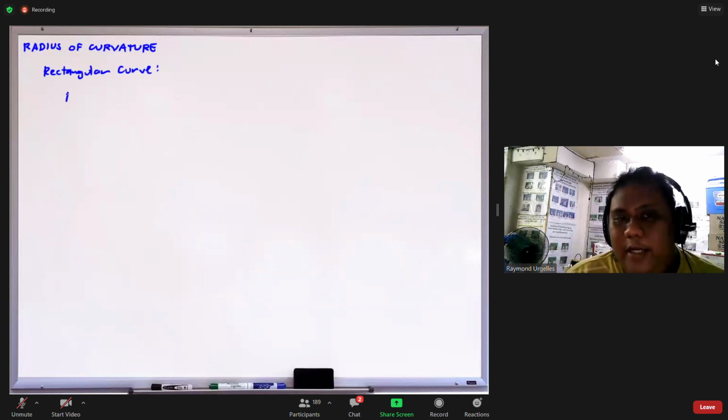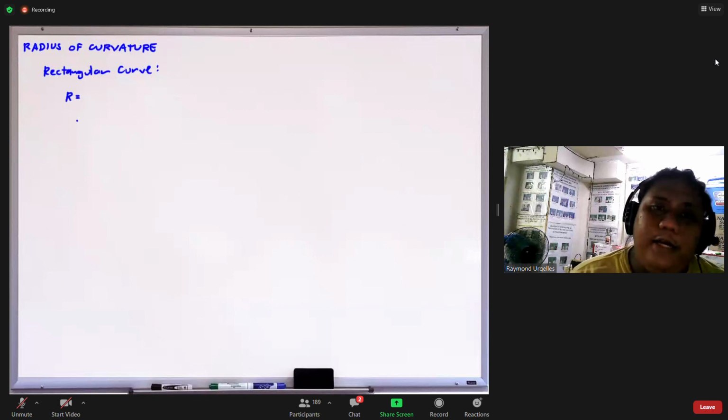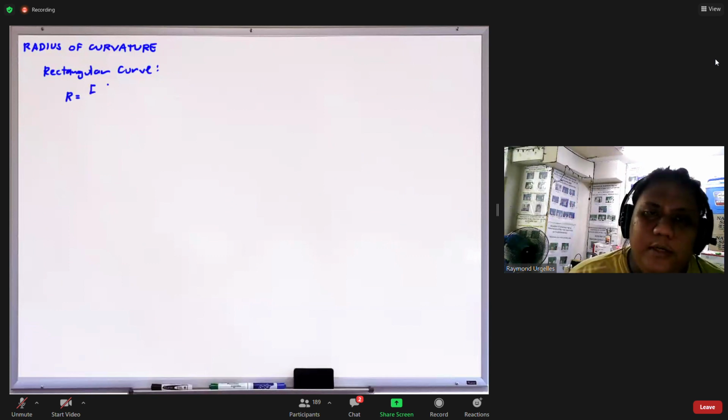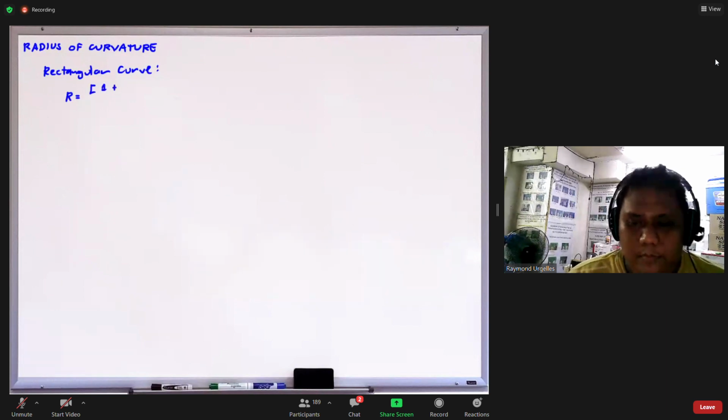So direct formula natin for the radius of curvature of a rectangular curve is given by 1 plus y prime, quantity squared, this quantity raised to 3 halves, divided by the absolute value of y prime prime.